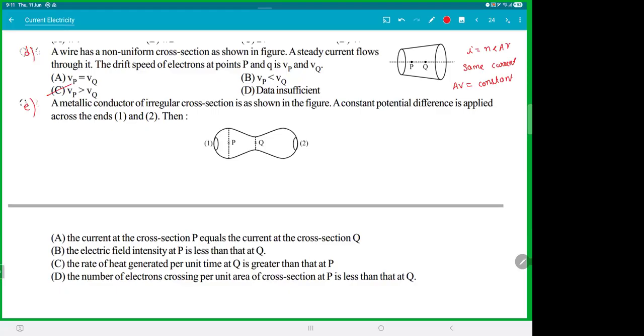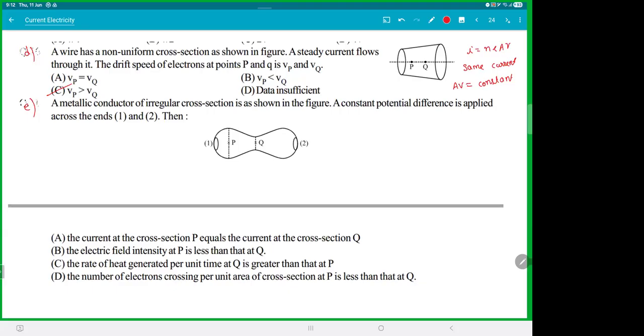Technically speaking, there is no difference. Water is flowing here, electrons are flowing here. So it gives you the same feeling like water flow only. It looks like the equation of continuity, A1 V1 is equal to A2 V2. Get the equation. It's a good one. Spend some time on it, 1 or 2 minutes. It's a worthy question. Right, Utsa, you got it.